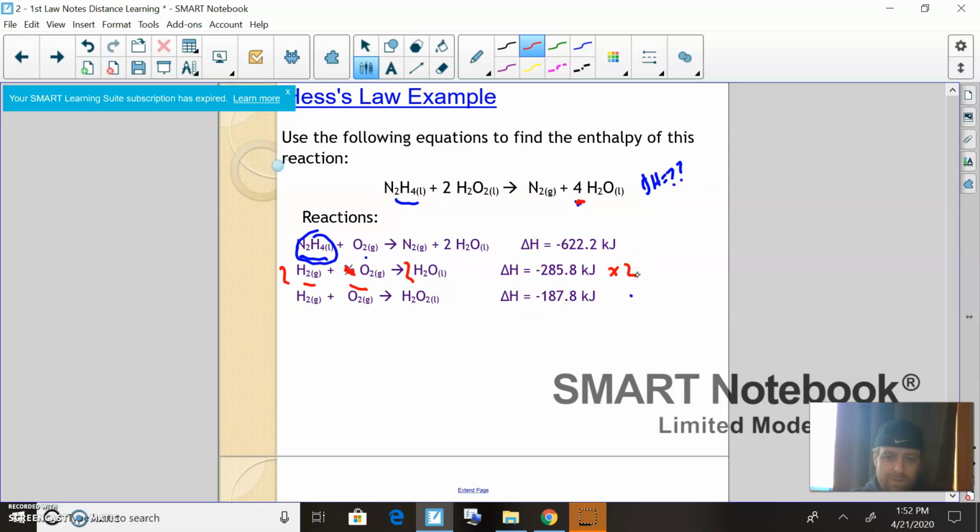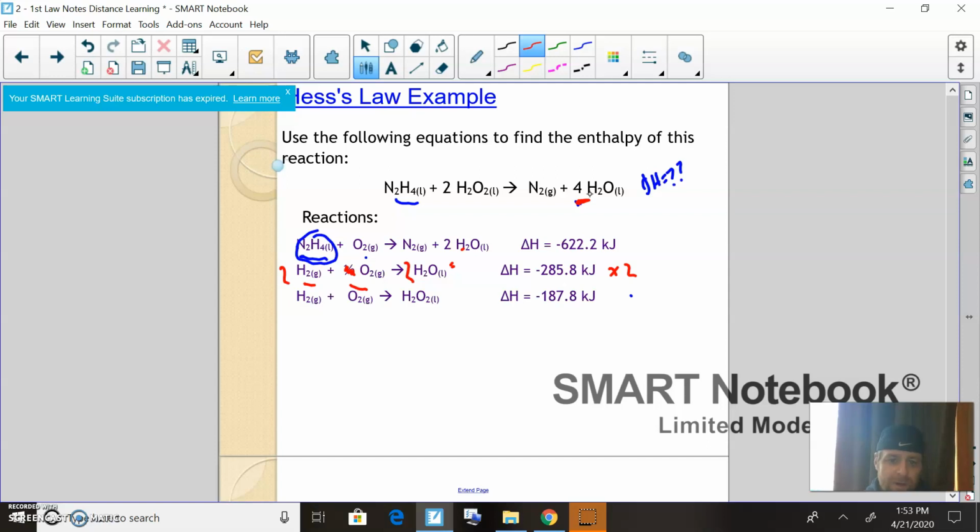So if you double it, you multiply the whole enthalpy times 2 for that intermediate. The other thing that I can see here is that we are going to have to get the oxygens to cancel out somehow. We'll just keep going. Okay, so now I got 4. That's good. 4 H2Os on the right.